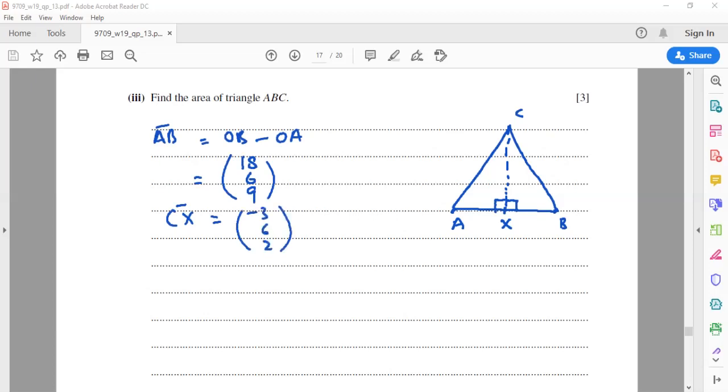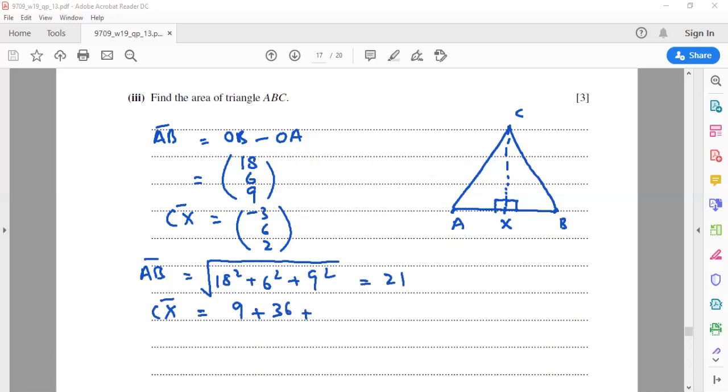Now to find the length of this, let's find the magnitude of AB. For the magnitude of AB, we know that first we square: 18 squared plus 6 squared plus 9 squared, and this gives us 21. Similarly, for CX, it's (-3) squared, which is 9, plus 6 squared is 36, plus 2 squared is 4.